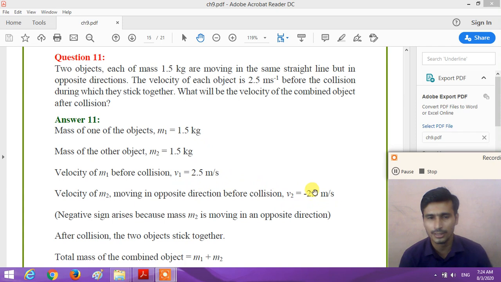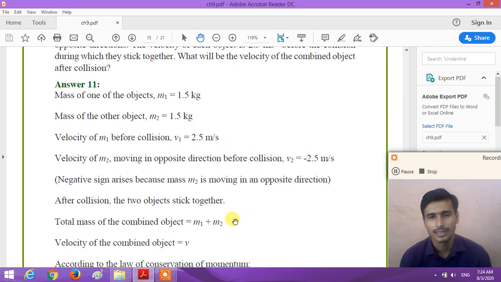Now during the collision both objects stick together. So after collision the two objects stick together, and the total mass of the combined object is m1 plus m2 and the velocity of the combined object is v. We need to find this velocity v.